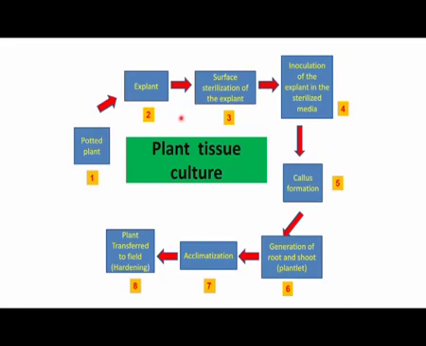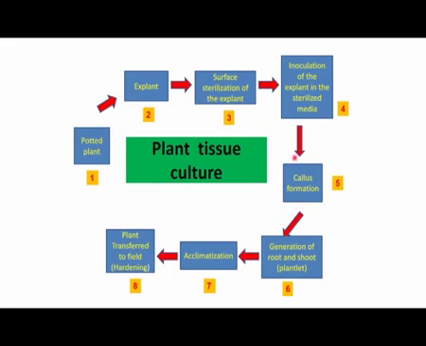Then you do a surface sterilization of the explant, meaning you remove the bacteria and other pathogenic organisms. Once you are done with that, you inoculate the explant into a sterile media that you prepare beforehand, and that media contains different components that promote the growth of the explant to form the callus.